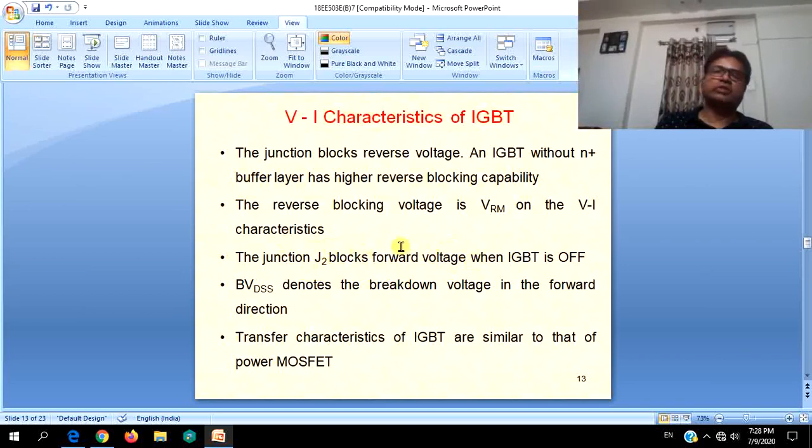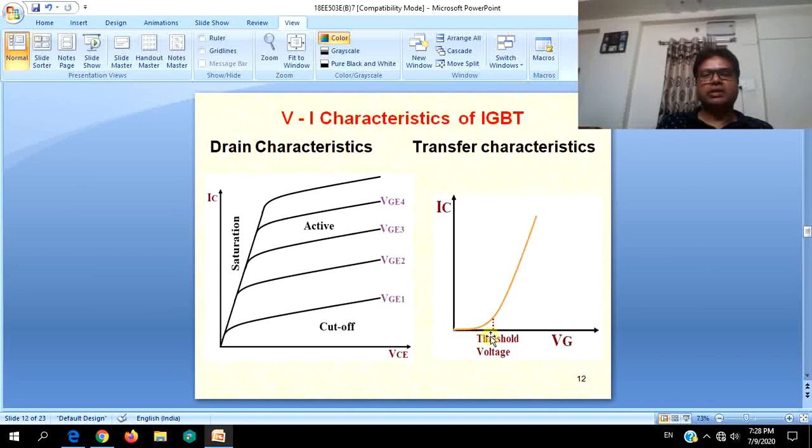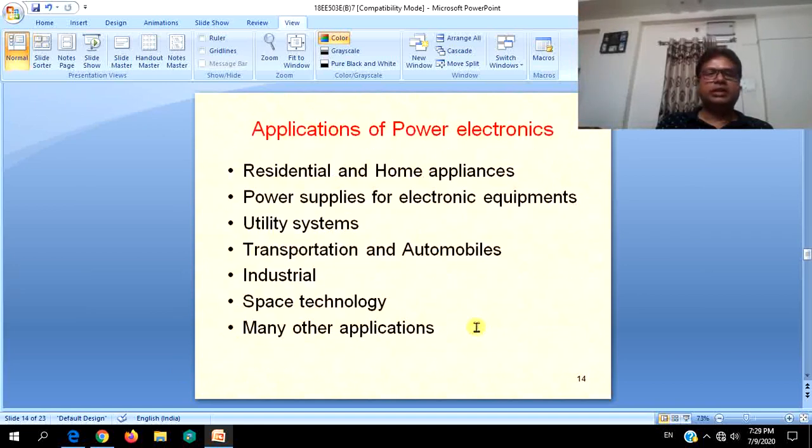That is the most required thing, which maintains the forward off state. BVDSS denotes the breakdown voltage in the forward direction. Transfer characteristics of IGBT are similar to that of power MOSFET. So these are the VI characteristics of IGBT.